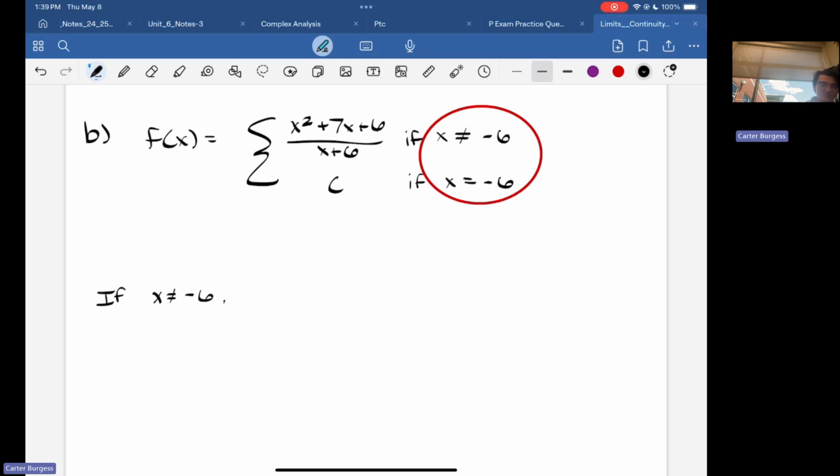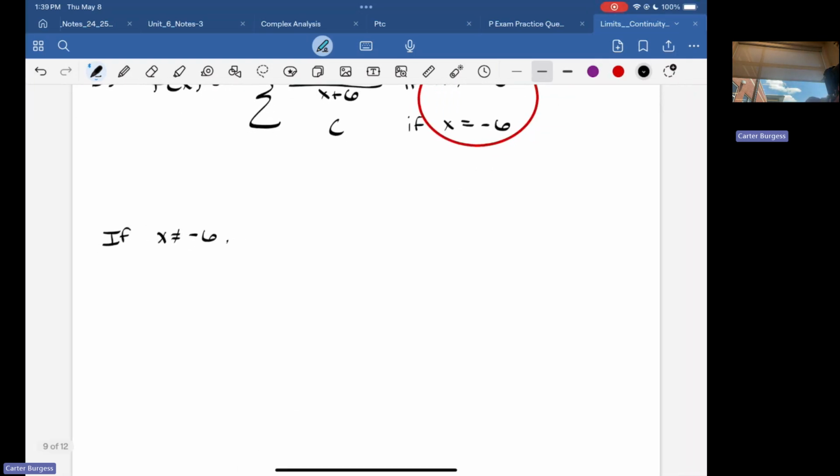We're only going to be using the top function. What is the only value for my top function where I would not be able to do direct substitution? Negative 6. So can I do direct substitution everywhere else? Yes.